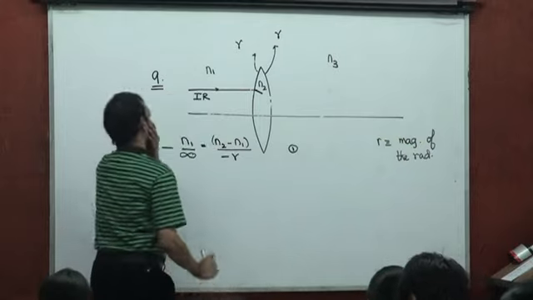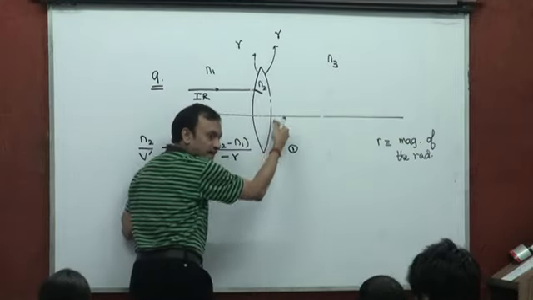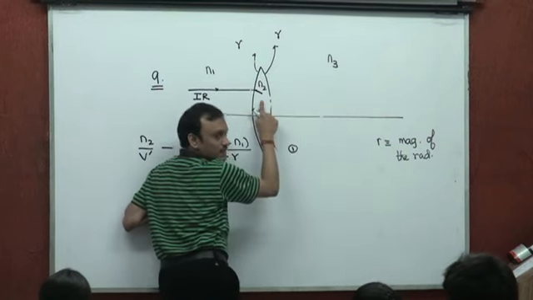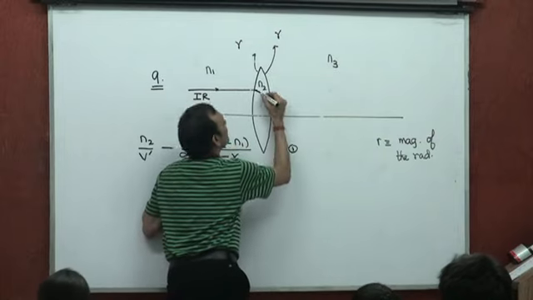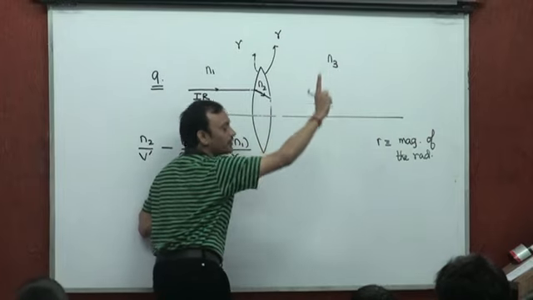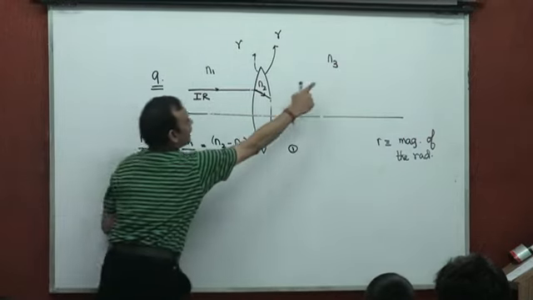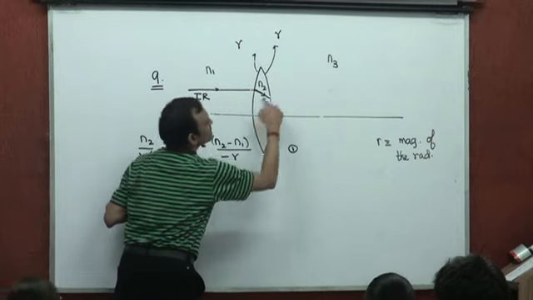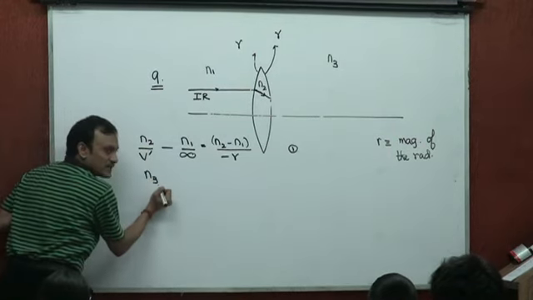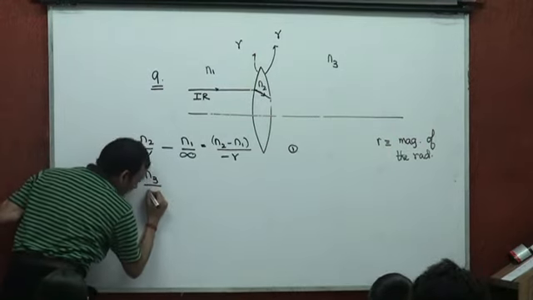Right? So now let me take refraction on the second surface. For the second surface, this becomes the image space and this becomes the object space, because the incident ray lies here and the refracted ray lies there. Image space is N3, so N3 by the final image distance.